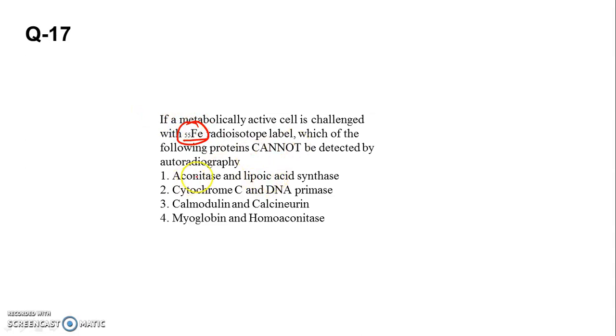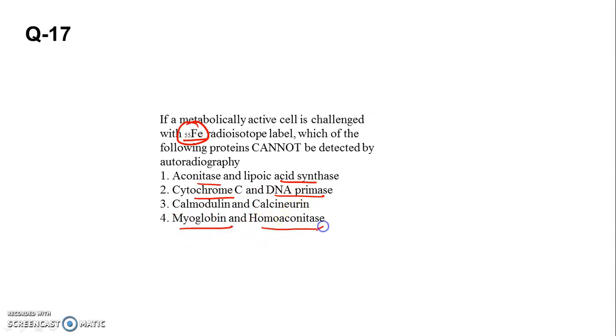So proteins that require iron for their function, or have iron as a component or as a cofactor, show radioactivity by labeling with Fe55. Aconitase and lipoic acid both contain iron. Cytochrome C and DNA primase can also be detected by Fe55 labeling.